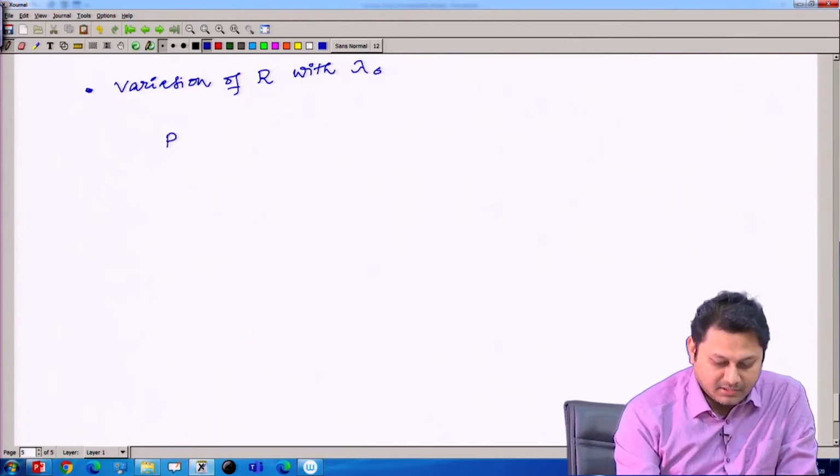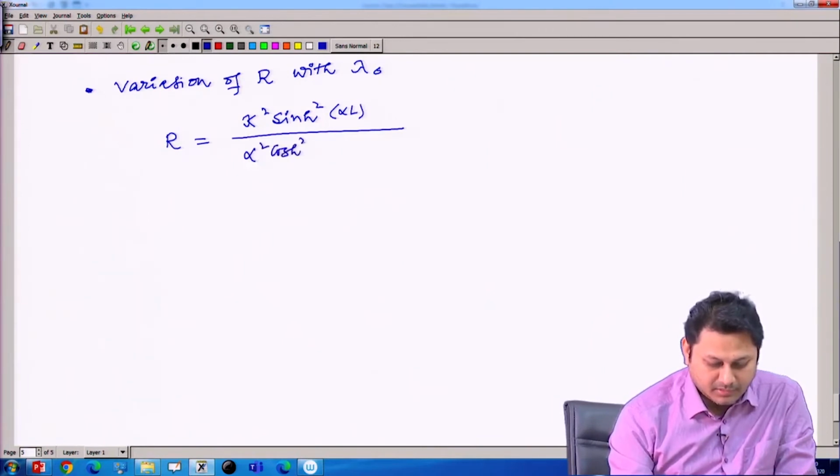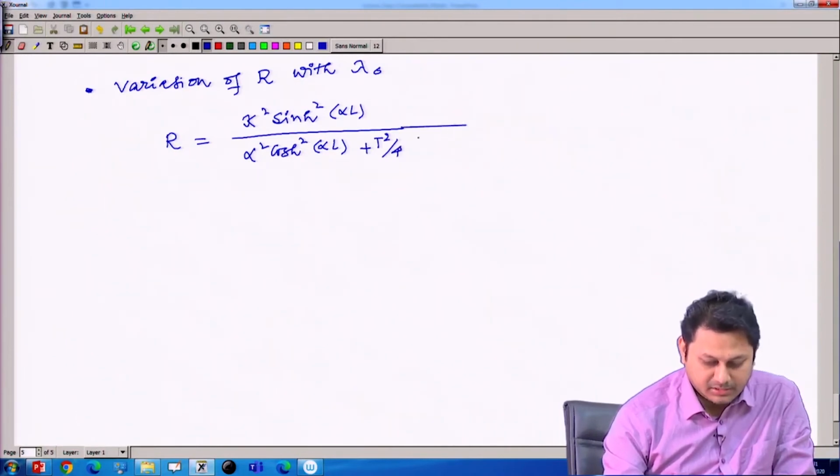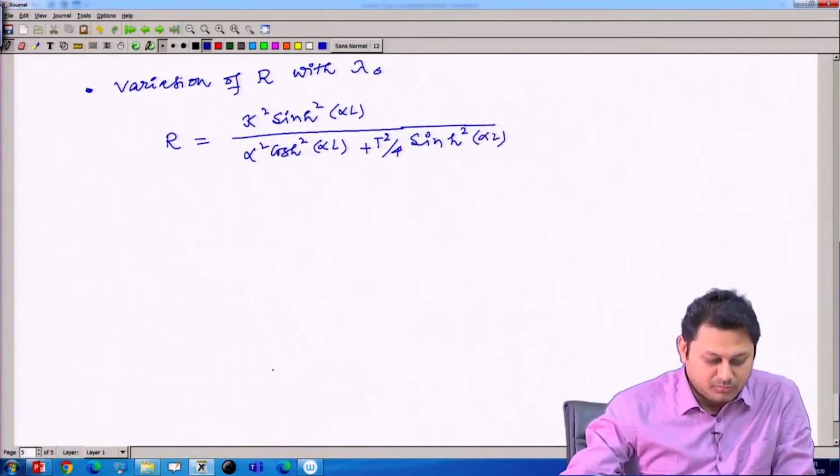Reflectivity R is simply kappa square sine hyperbolic square alpha L, whole divided by alpha square cosine hyperbolic square alpha L plus gamma square by 4. This is the form which we derived, but we can also make a simplification of that form. We will do that, but let us understand.